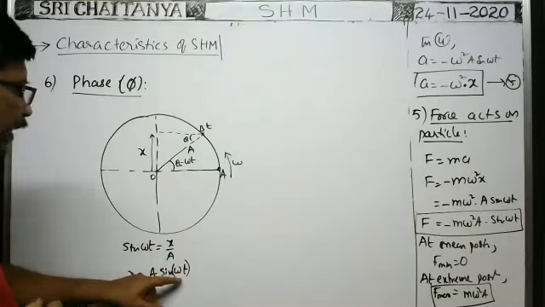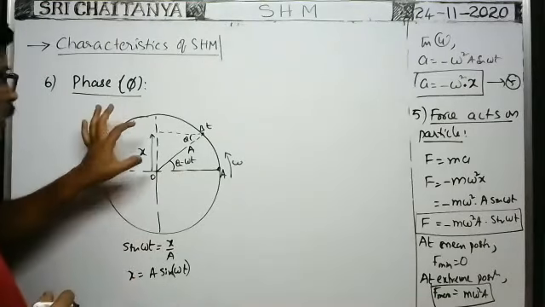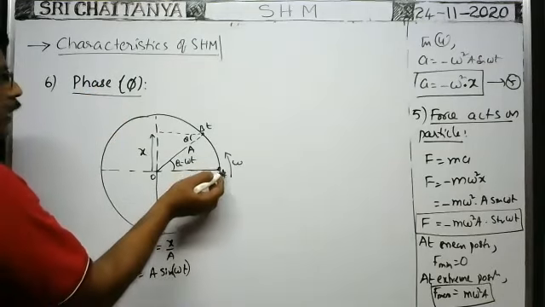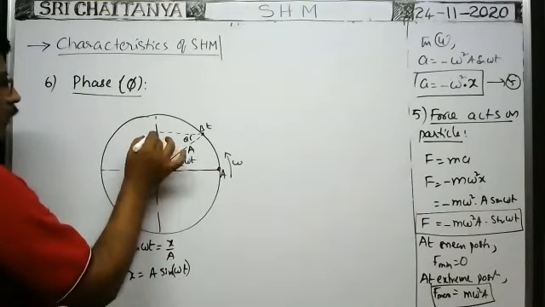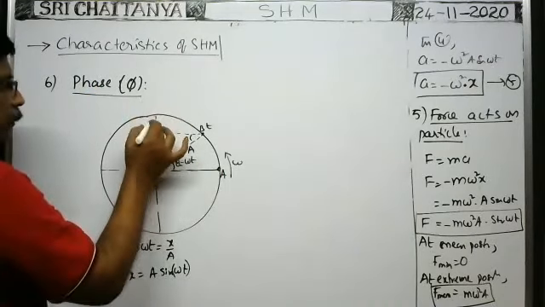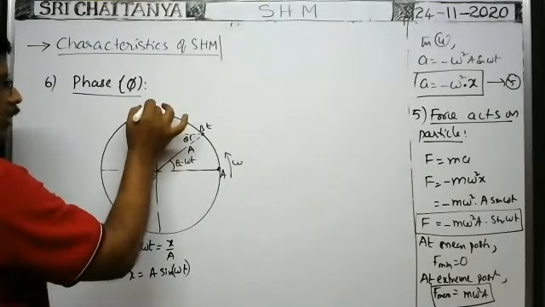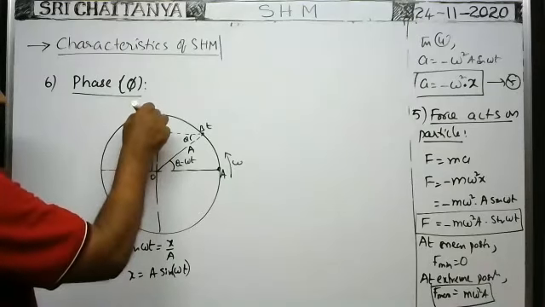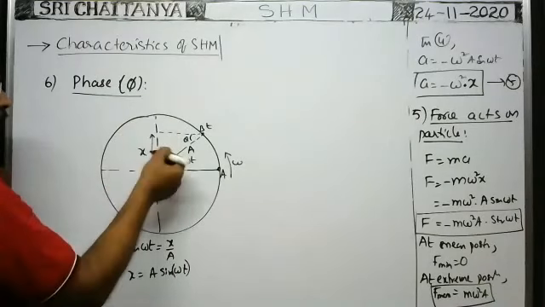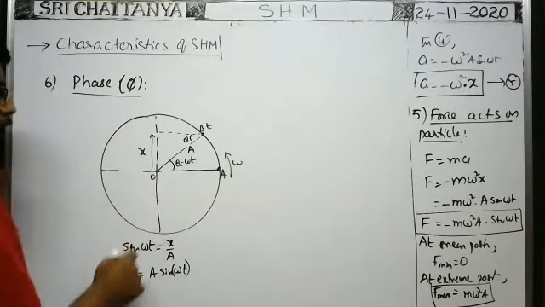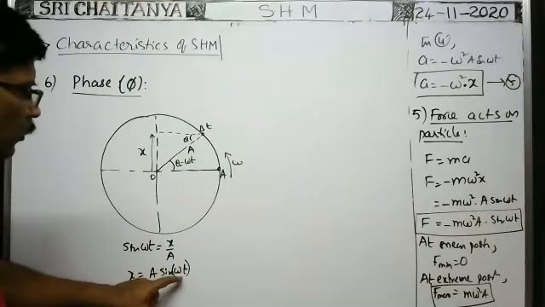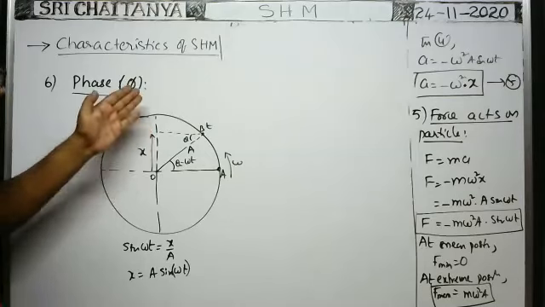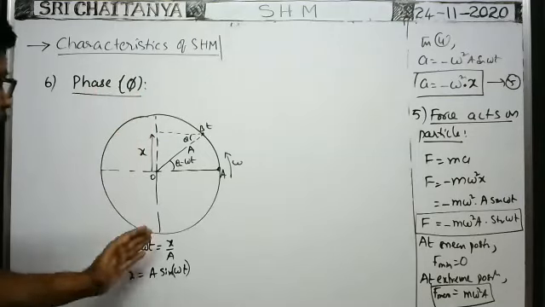Suppose the particle moves in this direction, then the position of the particle varies in this direction. If the particle moves along the circular path like this, then the displacement of the particle gradually decreases, which means the motion of the particle is in the downward direction. So based on this value only, we can say the position of the particle in SHM and the direction of motion of the particle in SHM.